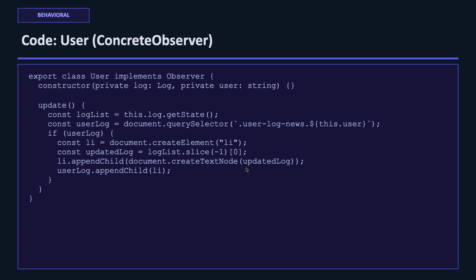And here we have the code for the user. This is the full user class. The constructor takes a log by reference. This is what makes the pull model work. When update fires, the user will go back into log, get its state to get the full log array, and then it'll grab the last entry. So the query selector with the class selector built from the user can render the last state that it has from the log.